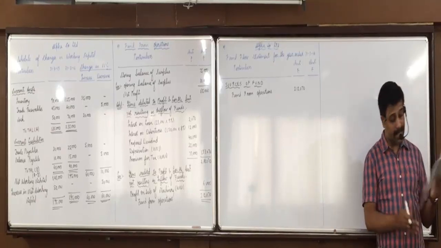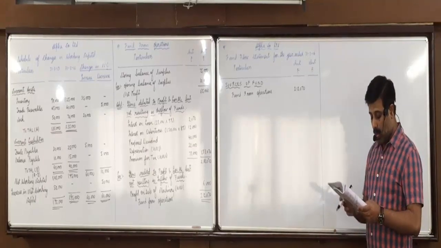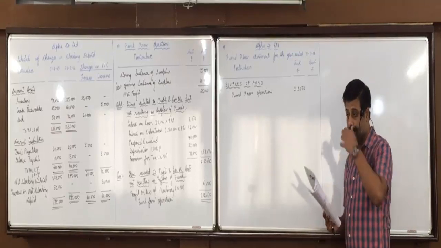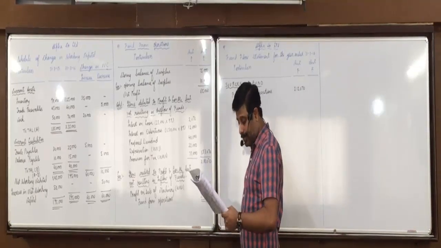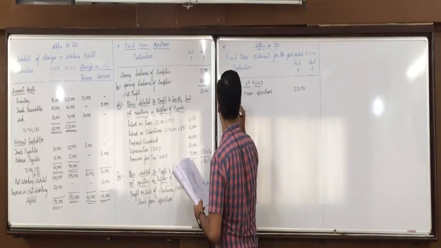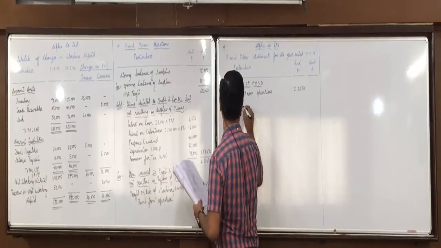Then on the liability side, no other item is marked as a source. On the asset side, no other item is marked as a source. Adjustment 1, sale of machine 36,000.